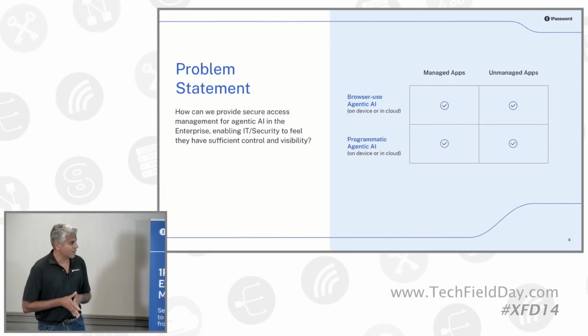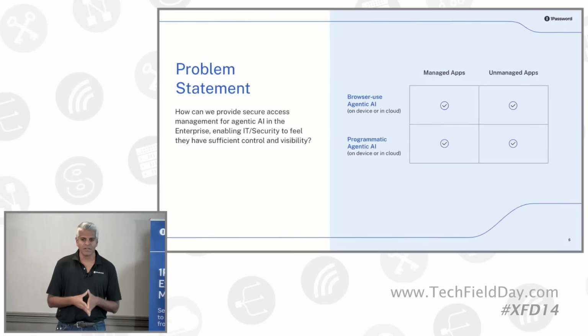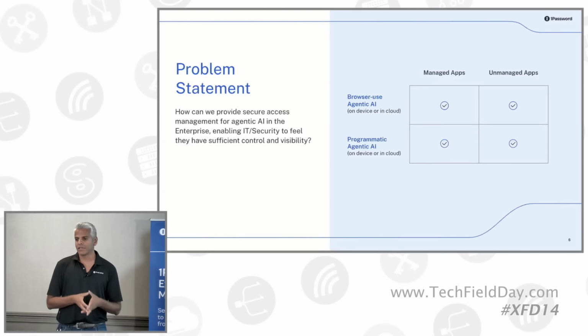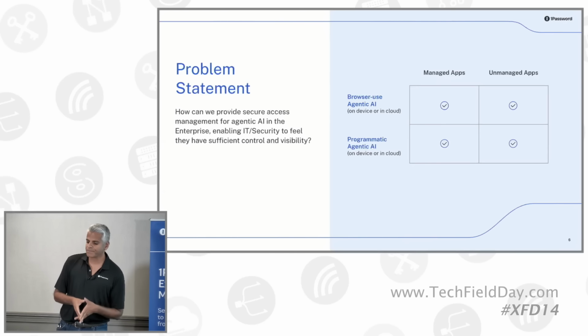There's lots of overlap. In fact, OpenAI released a product called Agent, I think maybe a month ago. It has both of these capabilities, right? It can do programmatic and it can do browser use. So there's lots of overlap, but for the purpose of solutions, and how we address the problems and where the different problems are, this is a useful mental model in terms of breaking this up.